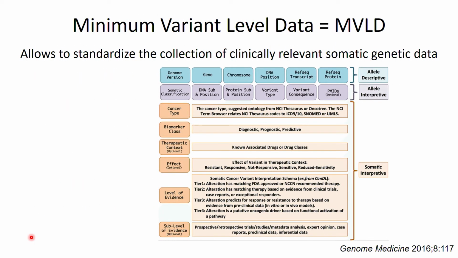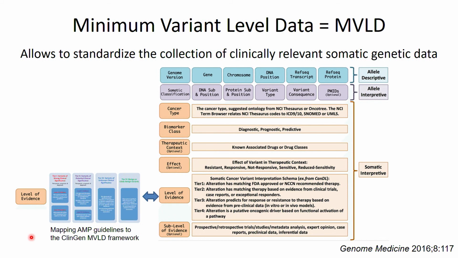So I mentioned that one of the early initiatives within the Somatic Work Group was development of the minimum variant level data standard. So we proposed the minimum data elements and standardized formats that we should be collecting and gathering in knowledge bases and our shared resources when it comes to somatic variants. And this consists of data elements that describe the variant itself and also its clinical significance for a particular tumor type.